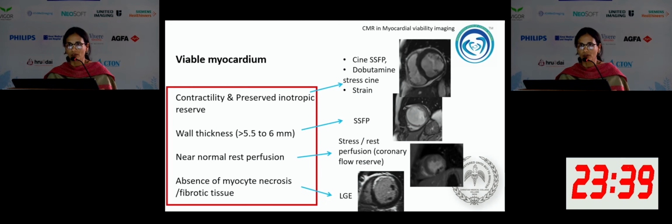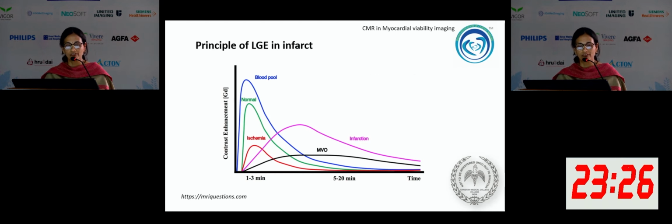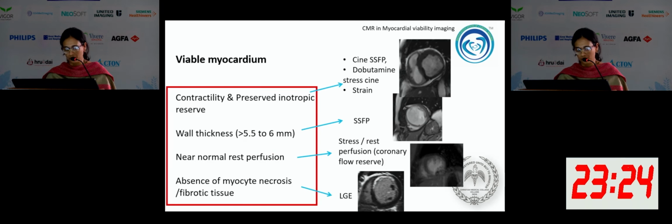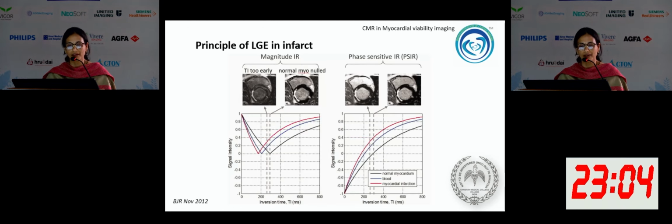And the best thing on MRI is to assess the late gadolinium enhancement and to look for the myocyte necrosis and fibrotic tissue. So we all know the principle of how we do the LGE for the infarct. We know that the normal myocardium will take up the gadolinium, it washes out, whereas the infarcted or the scar tissue has a slow uptake, and at around 10 minutes we see the maximum difference between the two, and then we image at that time so that the scar will be seen as the enhancing tissue.